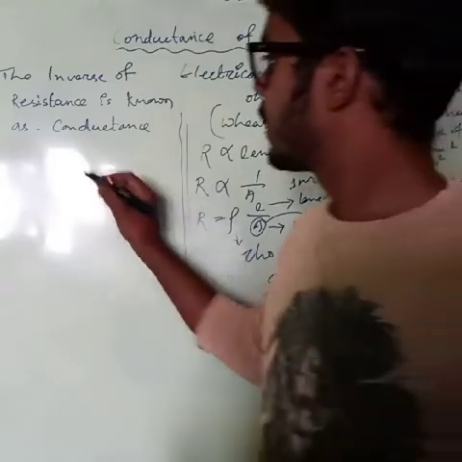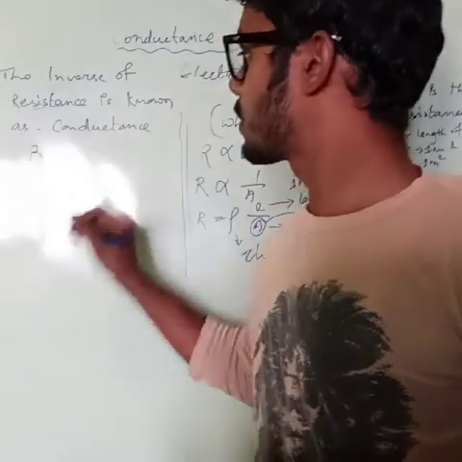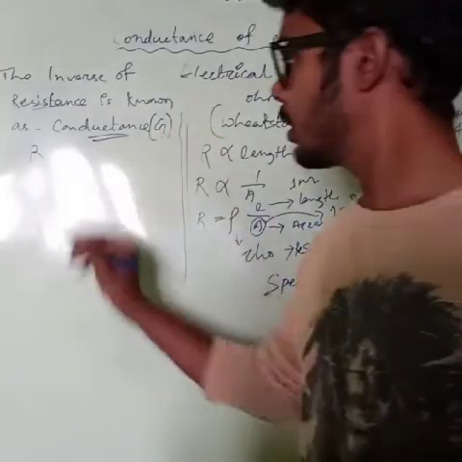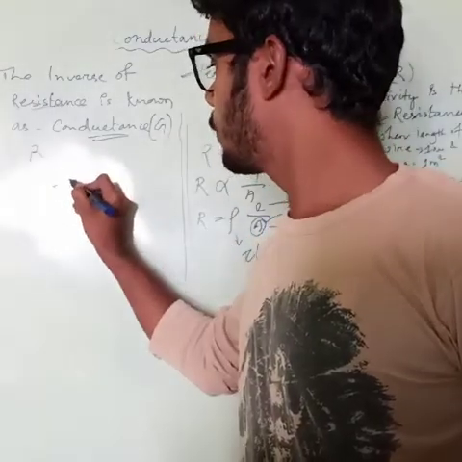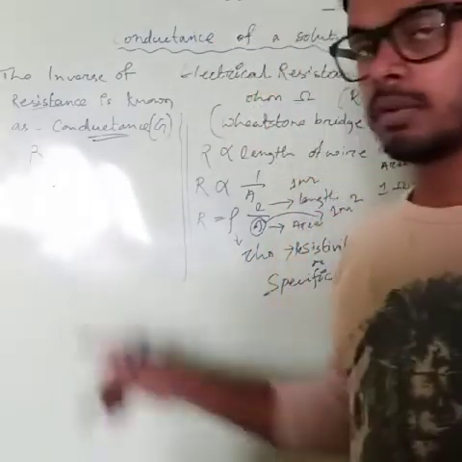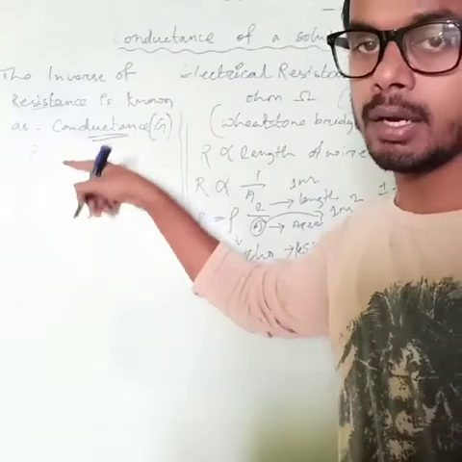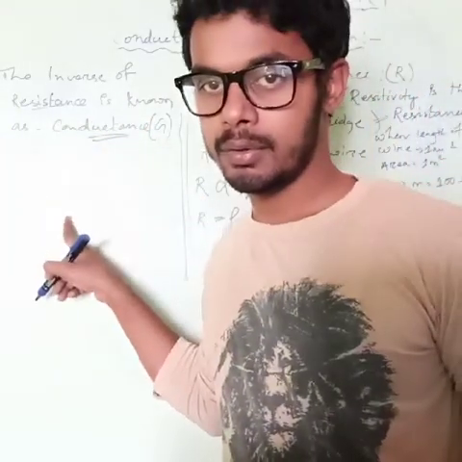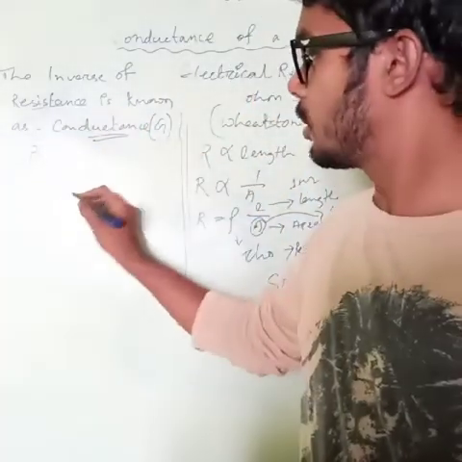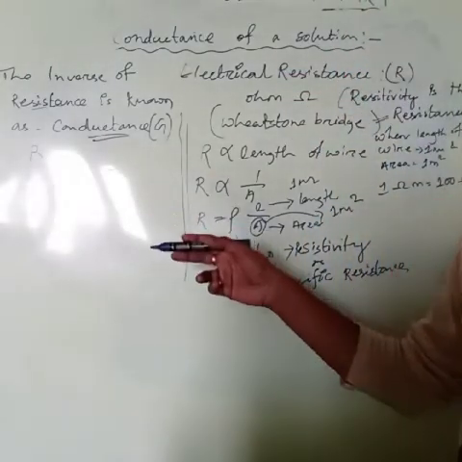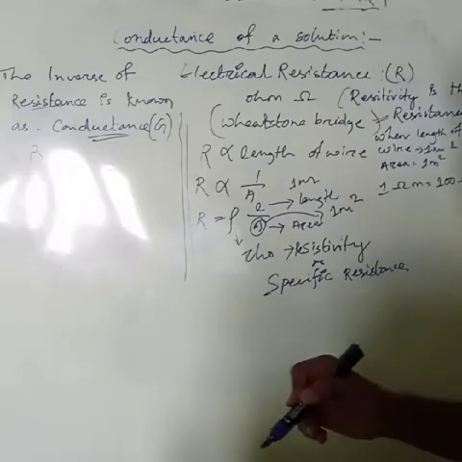Suppose conductance is denoted as G. So what is G? G will be the inverse of resistance. That is, G equals 1 by R. That is, inverse of resistance.